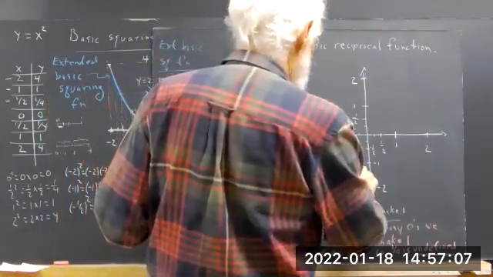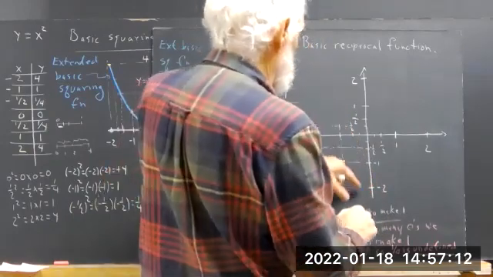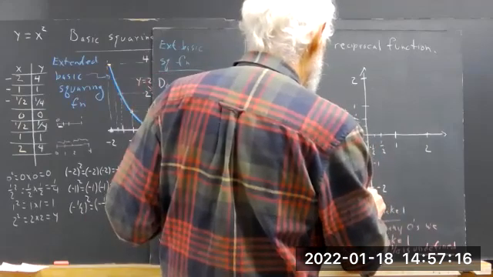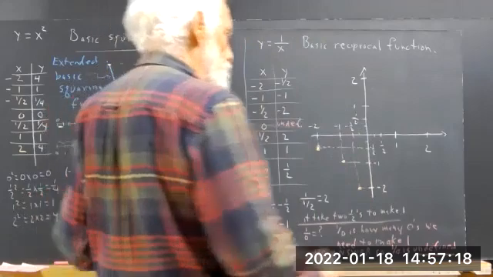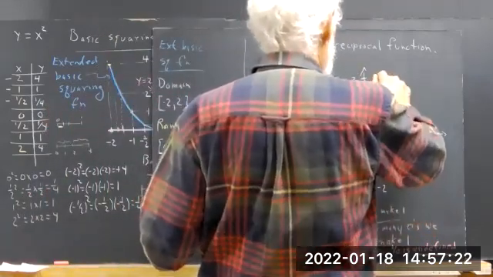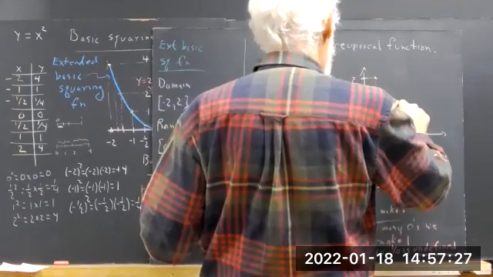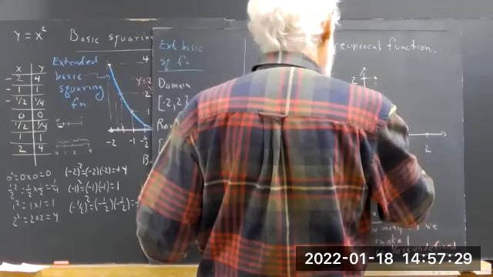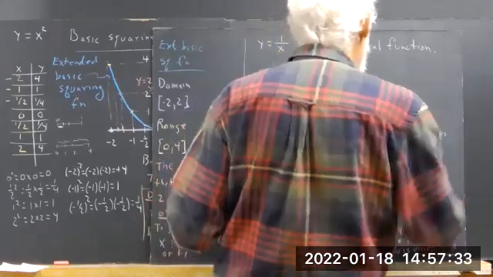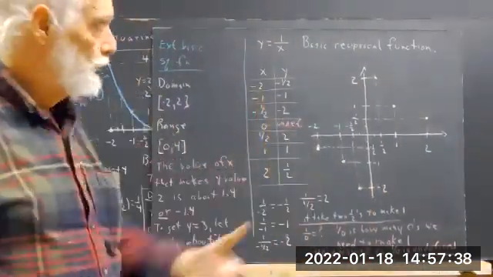Here. Negative 1/2, negative 2. Here. Then 1/2, 2. 1, 1. And 2, 1/2. There is our basic reciprocal function.